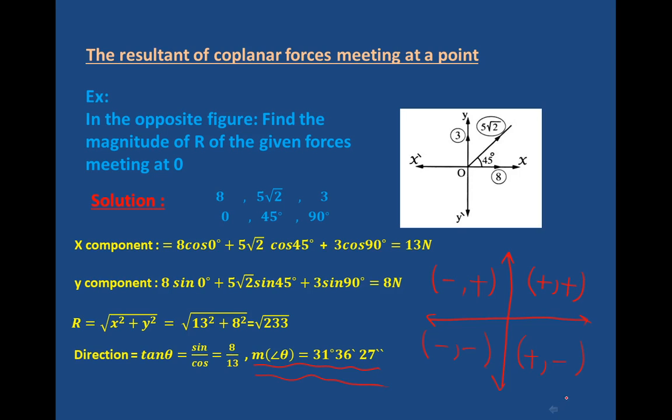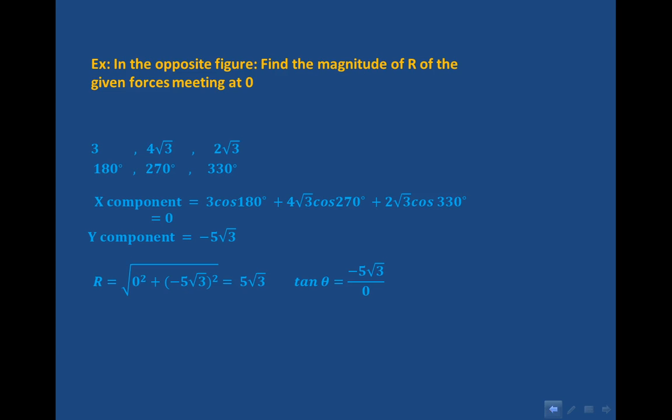Another example. In the opposite figure, find the magnitude of R of the given forces meeting at the origin point. Here, there are three forces. The first force equals 3, and the measure of the angle between this force and the positive x direction equals 180.